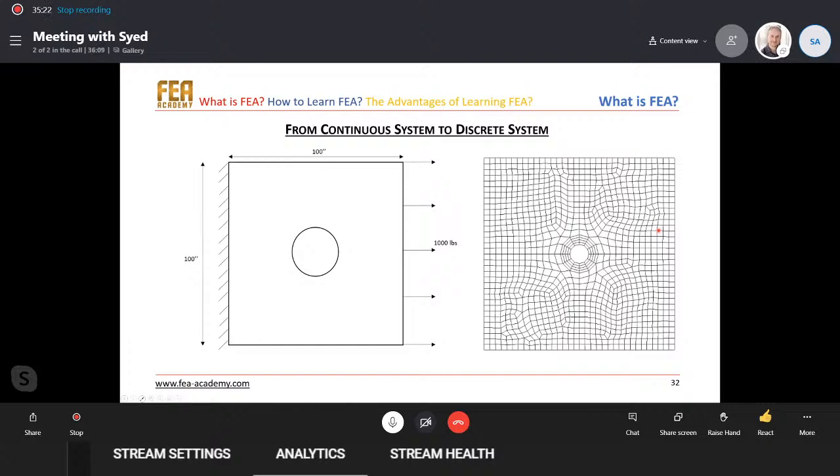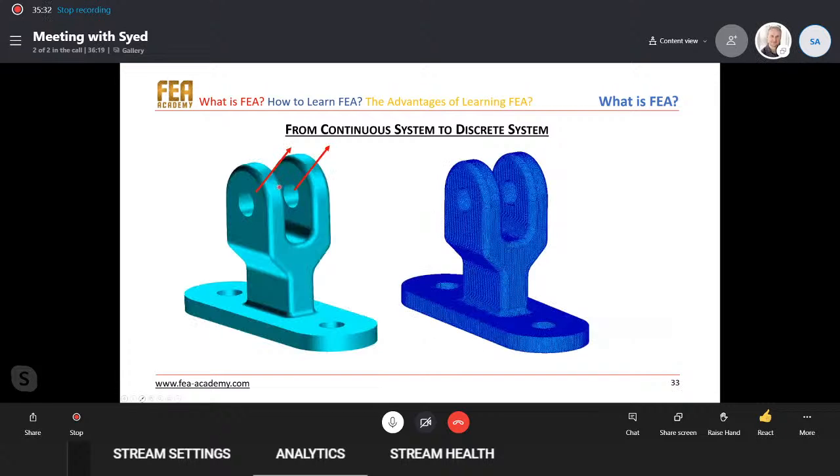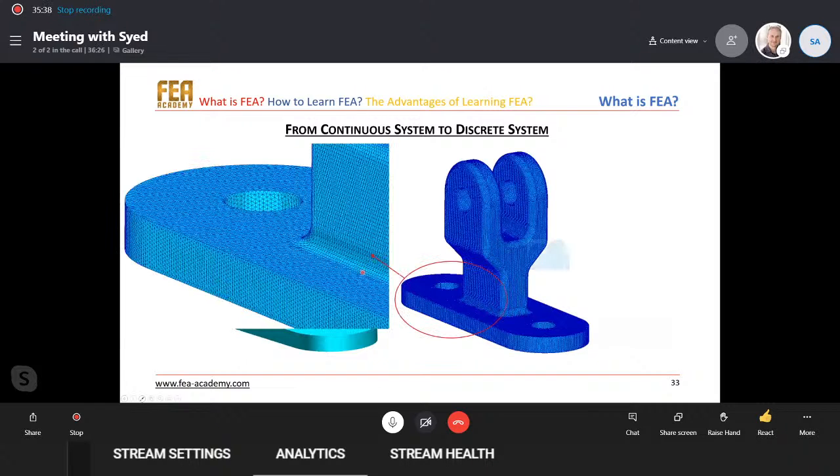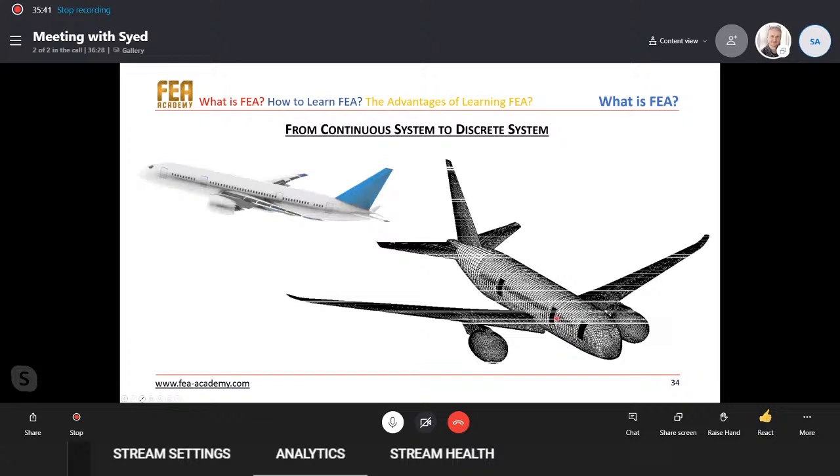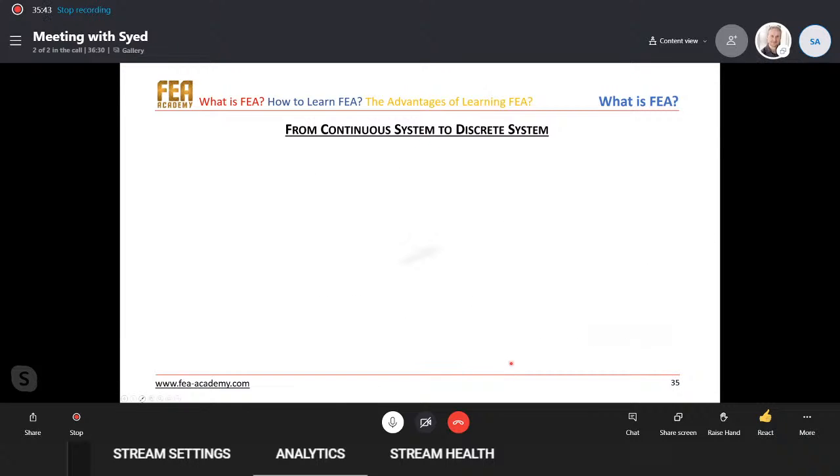Here, another example of a fitting you want to analyze under tension, discretized with 3D elements. Here, a complete aircraft, again discretized with a finite number of elements, here with a lot of elements. Each substructure of the aircraft is meshed with a finite number of elements.